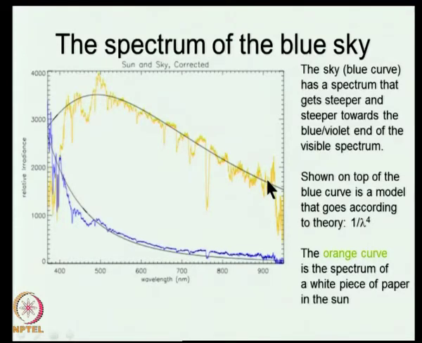So, it clearly shows that due to Rayleigh scattering by molecules, the peak of the reflected scattered radiation occurs closer to violet and blue compared to the sun spectra, which maximizes around the green yellow region. The green yellow region, this is the violet blue region, and this is the role played by Rayleigh scattering, which scatters more light in this region than this region.